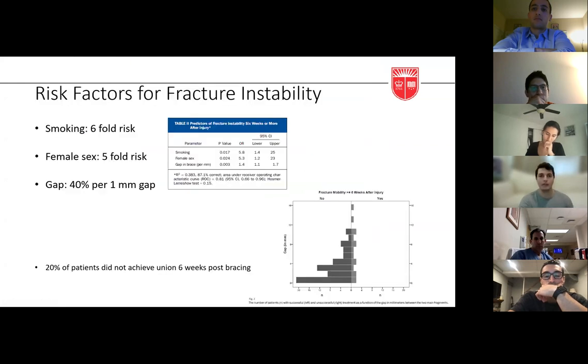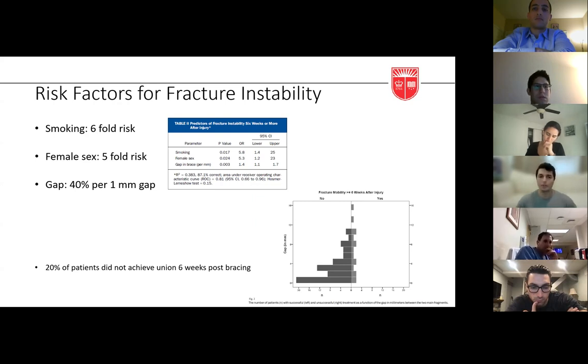They found that with these 3 factors there's an increased risk of maintaining fracture instability at 6 weeks. With smoking, there's a 6-fold increased risk. With female sex, there's a 5-fold increased risk. And for gap, with every 1 millimeter increase in the gap on imaging, there was a 40% increased chance of fracture instability.